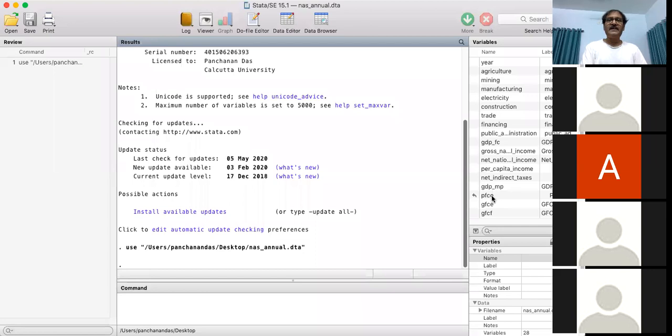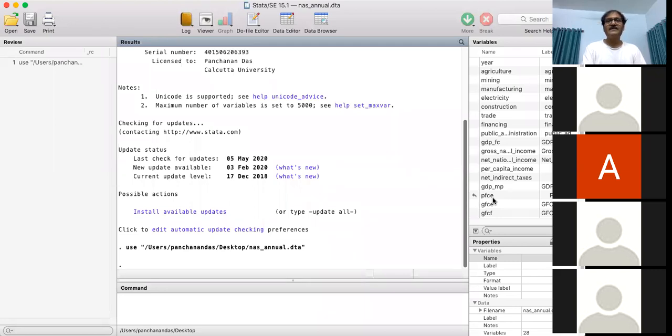So we are considering two variables. One is GDP at market price, that is national income. Another one is private final consumption expenditure, that is aggregate consumption expenditure. And we want to examine the relationship between income and consumption. That is the traditional consumption function as popularly used in macroeconomics.